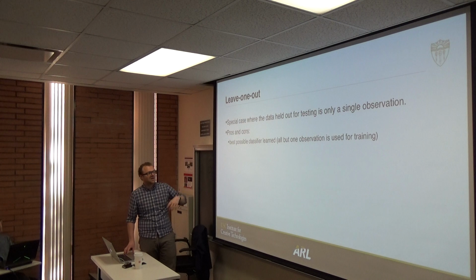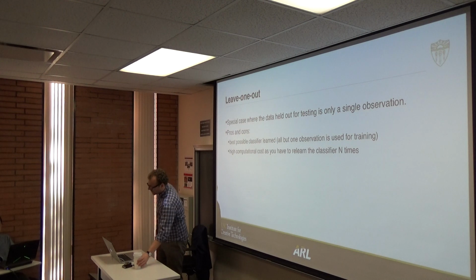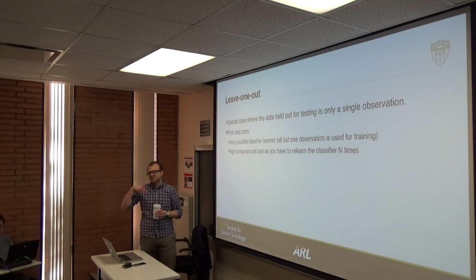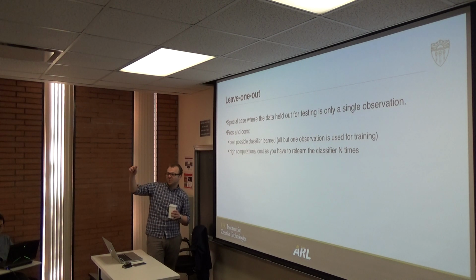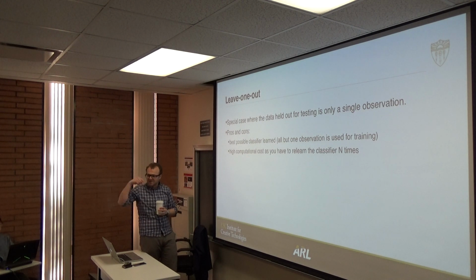However, again, you're using a lot of the data, and you have to repeat the experiment n times, because you need to make sure that every data point was once used in testing. So if you have 30 individuals and you want to do leave one individual out experiments, you run this experiment 30 times, at least.